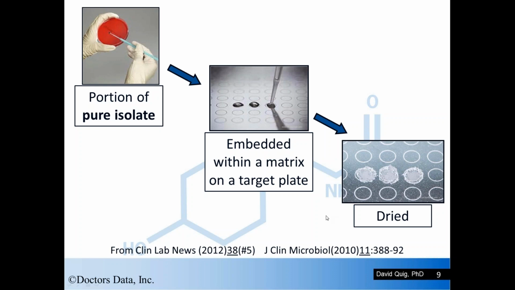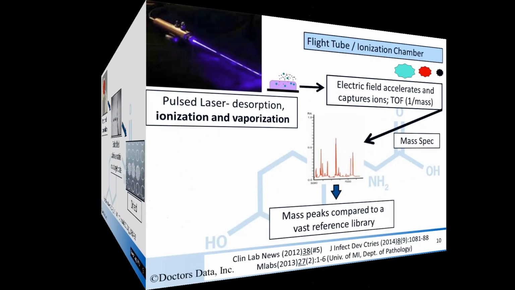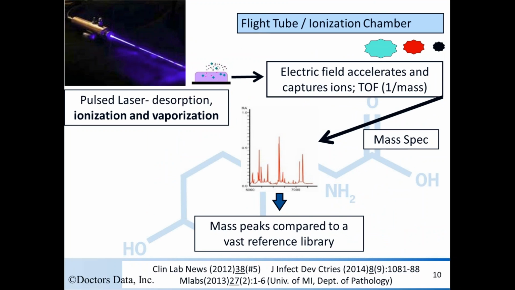The target and the matrix are then dried, and then the specimen is bombarded with nanosecond pulses of laser, which causes desorption and ionization or vaporization of the proteins, which then fly through an electronic field that's under vacuum, and the proteins fly through the tube inversely proportional to their mass.